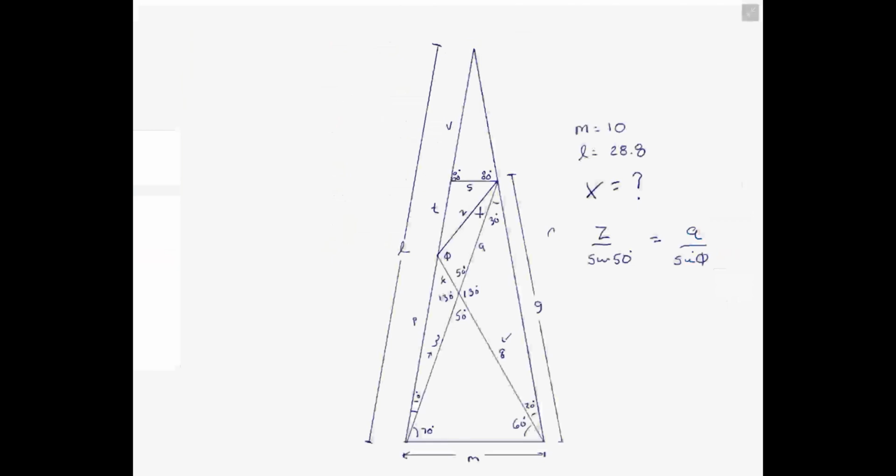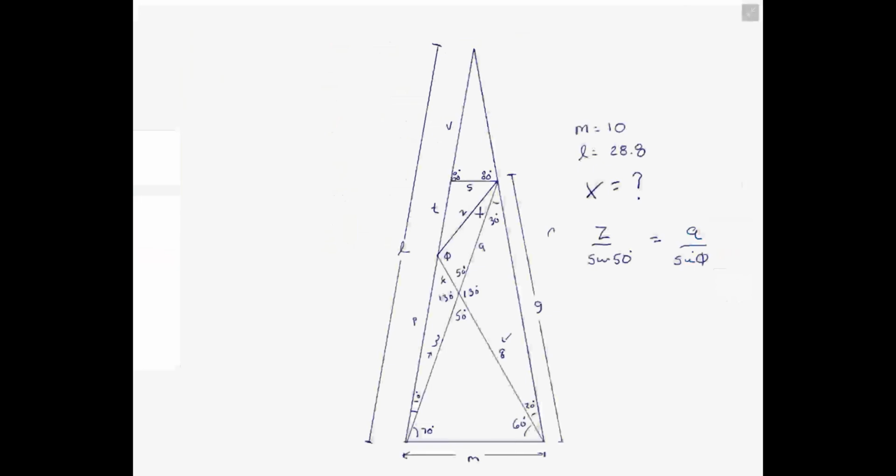If I know Z, and I know sine of 50 degrees, and I know A, then A over sine of the known angle is also equal to F over sine X. So once I know these, I used sine X equals F divided by Z times sine 50 degrees.